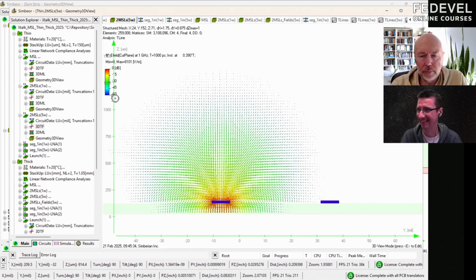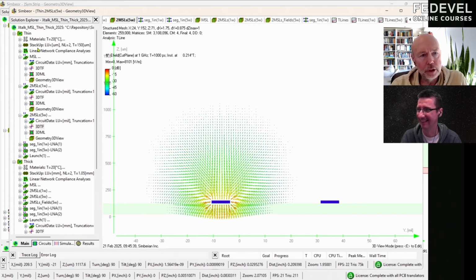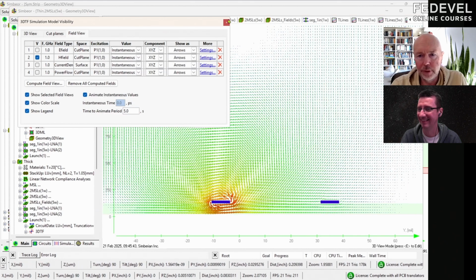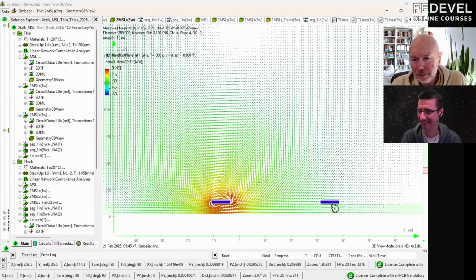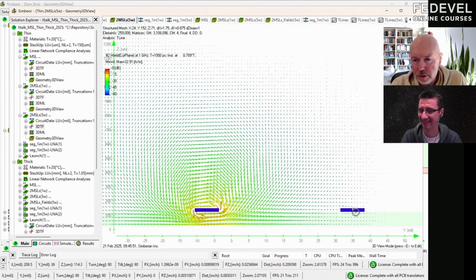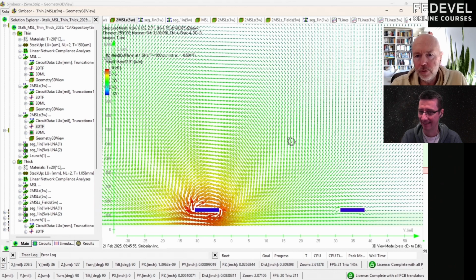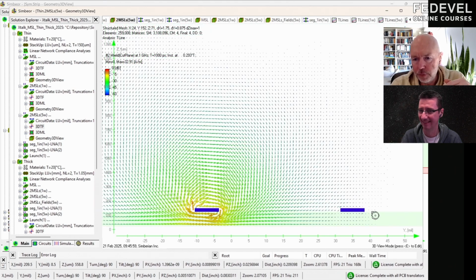It's a scale to minus 60 dB in electric field. We can take a look at the magnetic field. Magnetic field reaches it for sure. Right here you can see magnetic field values depicted as arrows. Those are not lines of magnetic field, those are just values of magnetic field in ampere per meter at different locations.